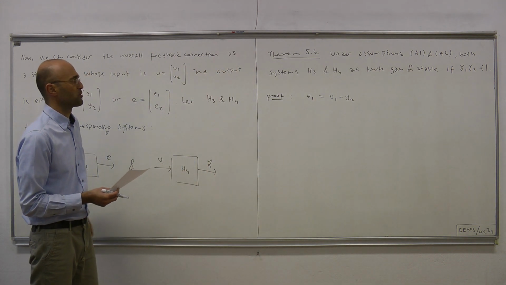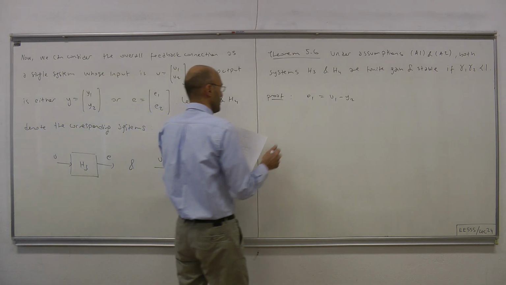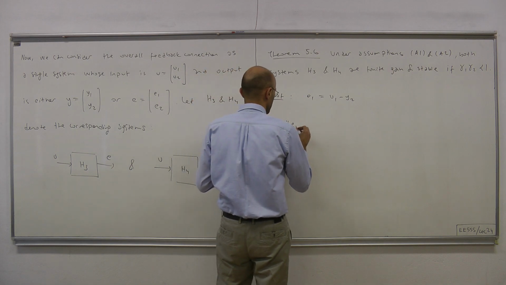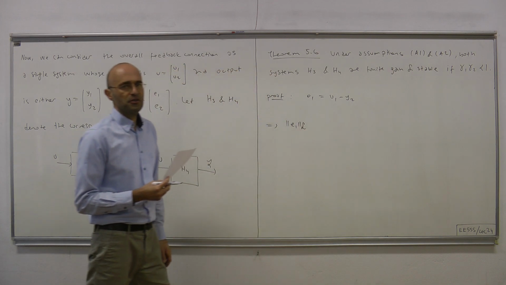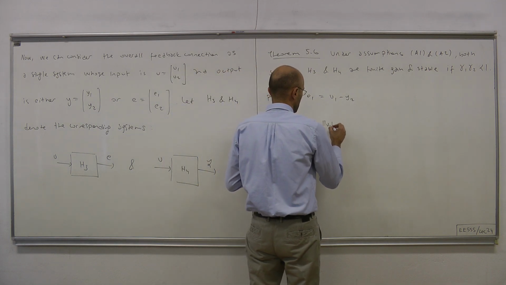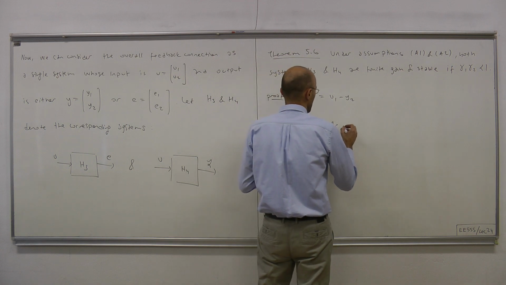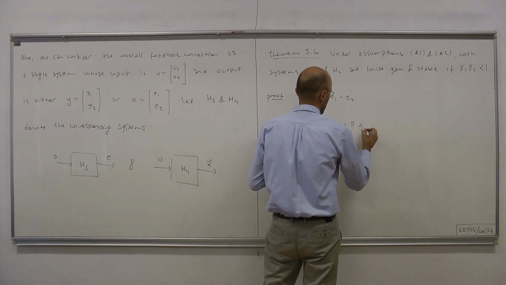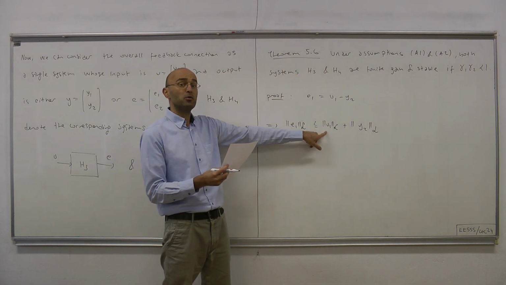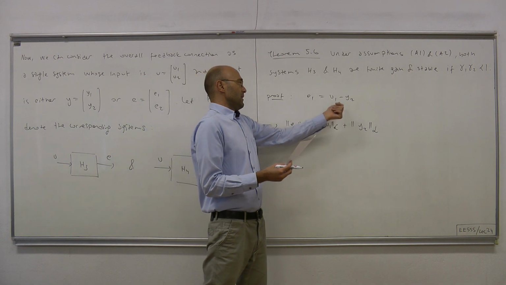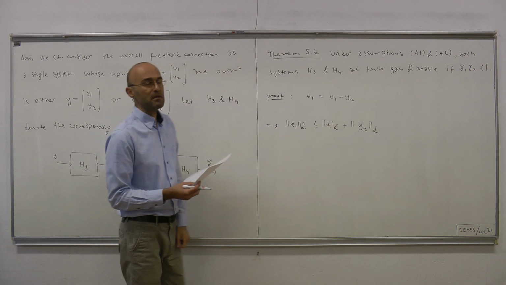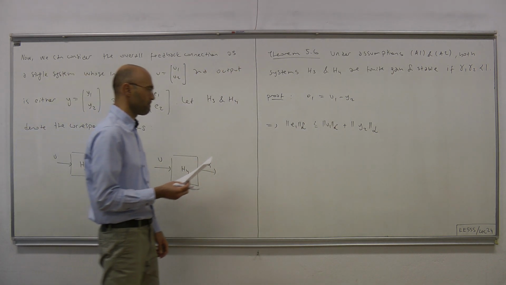As far as this theorem is concerned, it doesn't really matter. So that implies by triangle inequality, the L norm of the signal E1 is less than or equal to the L norm of U1 plus the L norm of Y2. Because we'll be using this triangle inequality, the sign of this summation is not really important. That's what I meant.